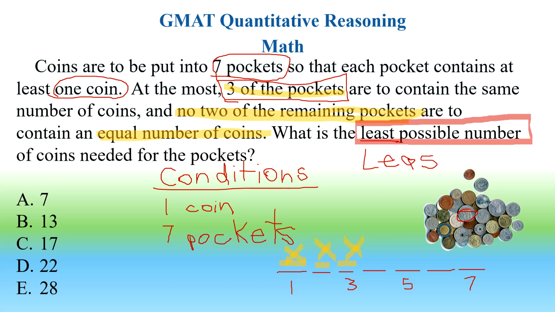And let's do this. Cross off A, because if there are 7 pockets and you've got to have the same number here, you can't do that. Because there's 1 here, that's 3. Then you'd have 2 here. Okay, that's 5. And it says each pocket has to contain at least 1 coin, so you can't do 0.